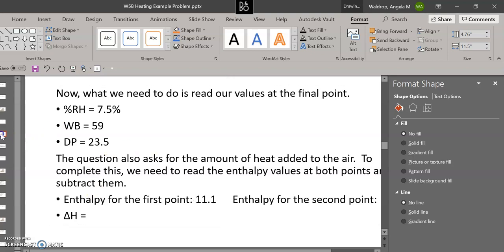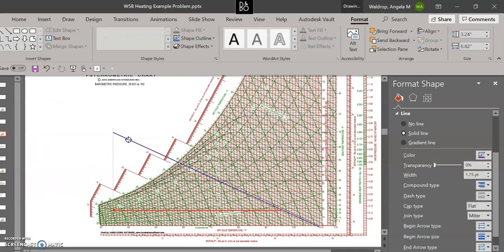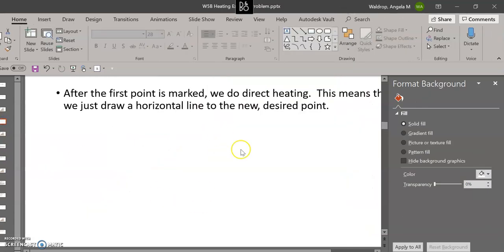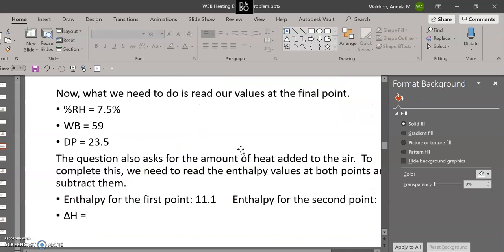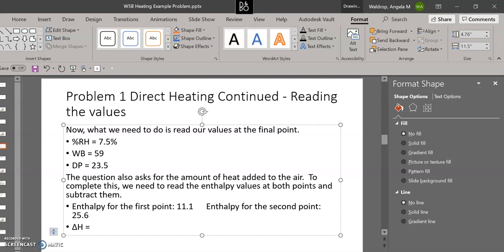I'm going to do the same thing for my second value: pick up this line, drop it on my second point, and read it. It ends up being 25.6. So I just subtract the two numbers: 25.6 minus 11.1, and I get a value of 14.5. So that's my answer for the first question.